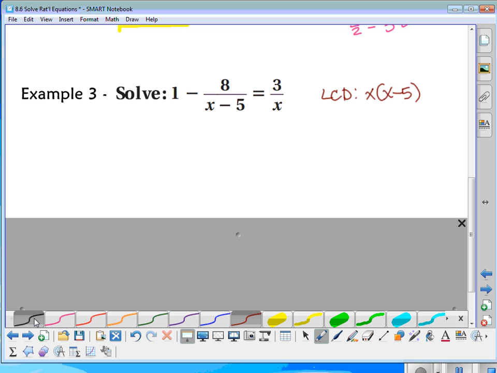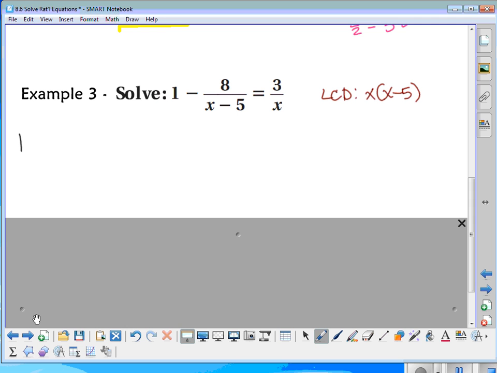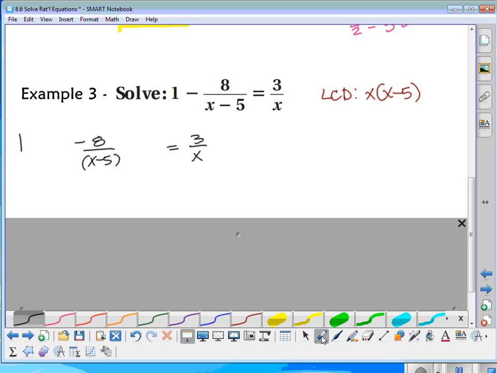So I'm going to rewrite my problem so I've got some more room. Okay, so I'm going to multiply everything, all the numerators, by x times x minus 5.